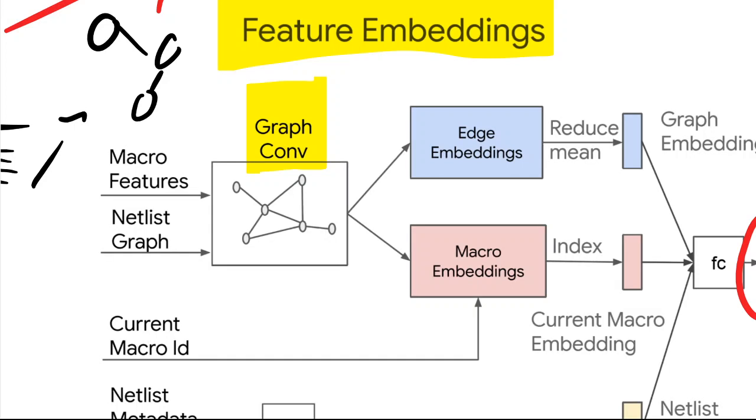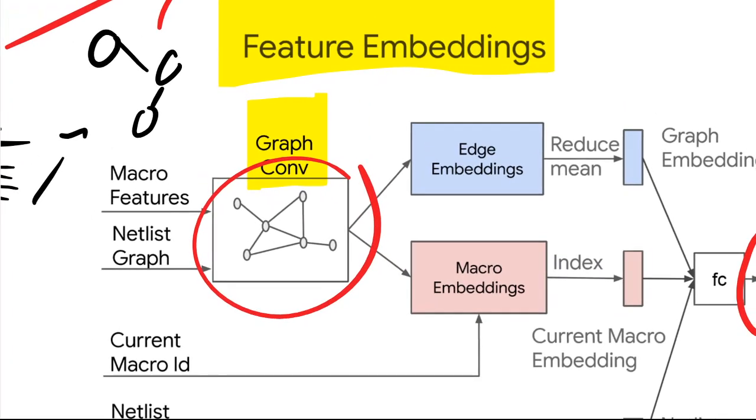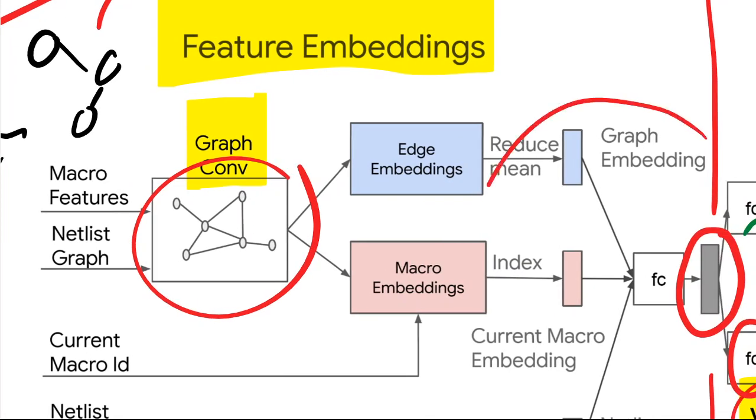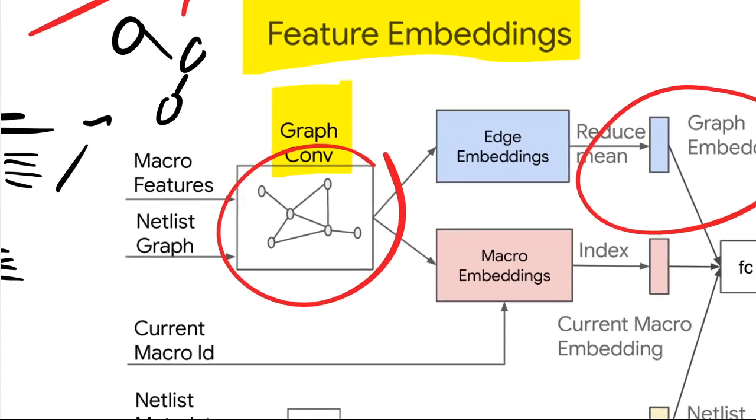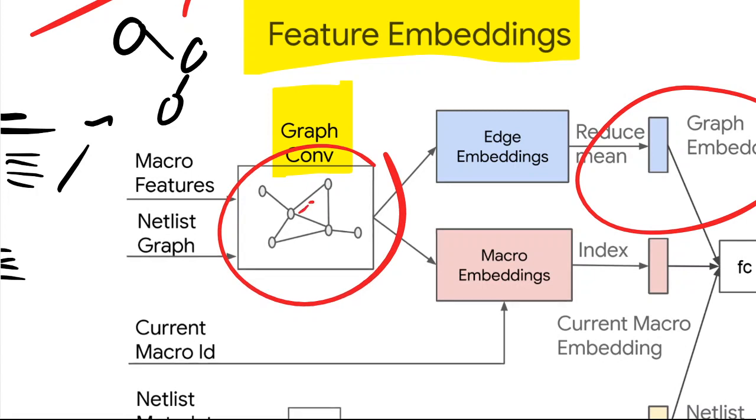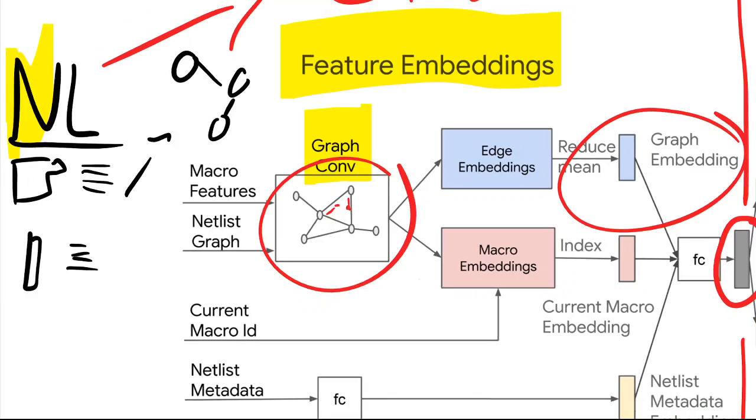Now, in a graph convolutional network, you're trying to take a graph like this and have embeddings for the edges and the vertices. So ultimately, you want what's called a graph embedding. In order to do that, you need to propagate information along the graph. Usually, as we said, this is done during a graph convolution.